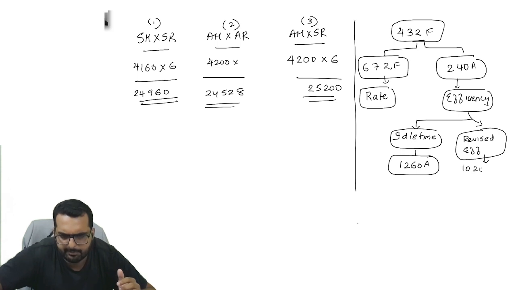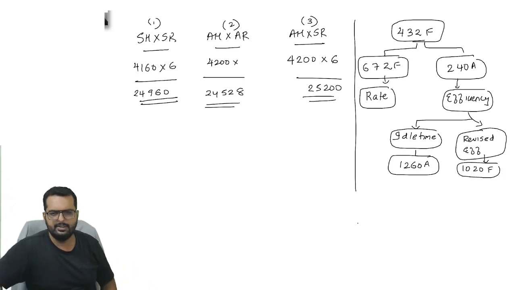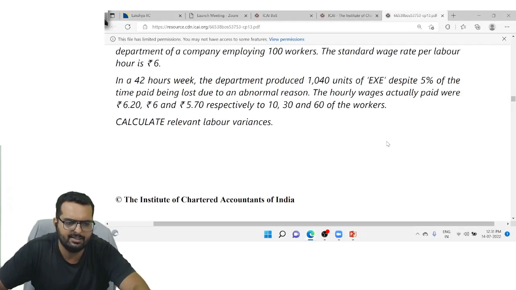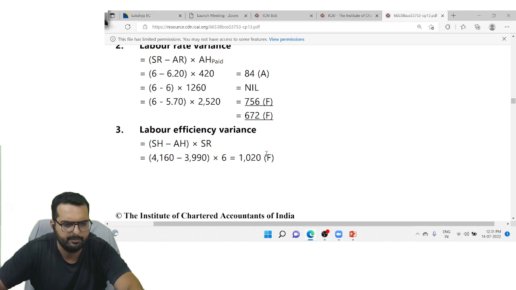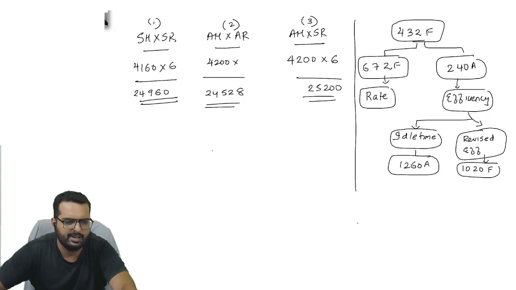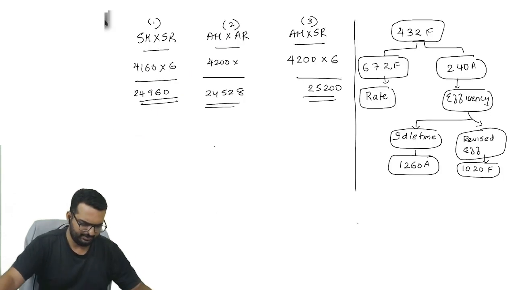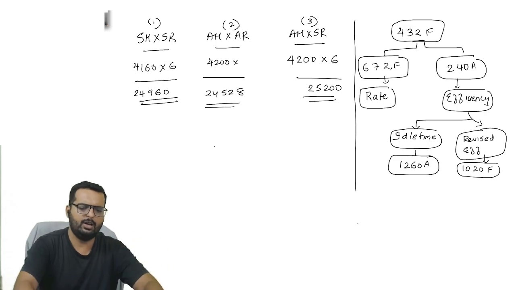Am I right? So this minus this will give you 240 adverse. Yes or no? And this is exactly the same answer as you got in the textbook also. Just check, see. They have done it in a very confusing manner. That's why this got a bit confusing, friends. Write down this and finish it off.